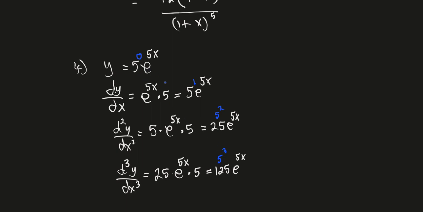Every time, because you keep multiplying by a factor of 5, you end up increasing the exponent of the 5. So if you were to differentiate a fourth time, you would end up getting 5 to the fourth power, which is 625 times e to the 5x, right?